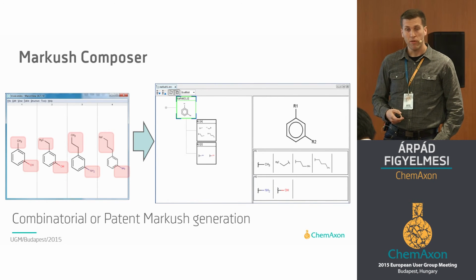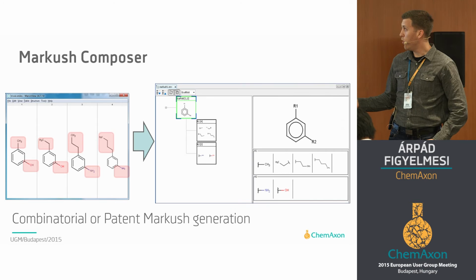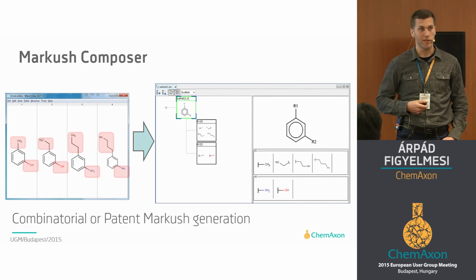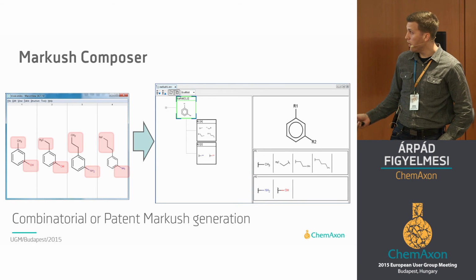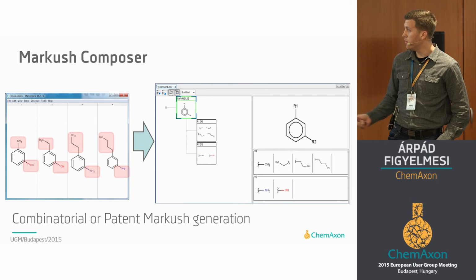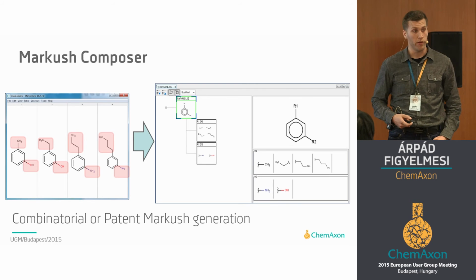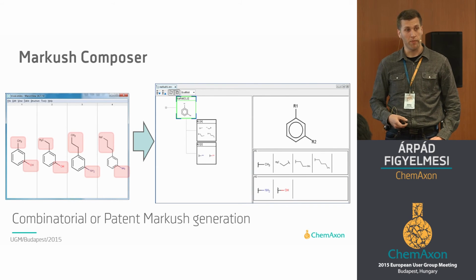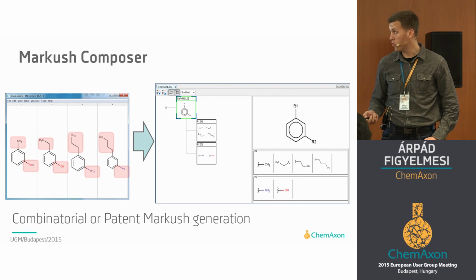The last thing I want to introduce to you is the newly developed Markush Composer. It's available in Markush Editor. You can try it at the demo station too. It's capable of generating a Markush structure based on a list of structures. Here is a trivial example, but you can do the same with hundreds or thousands of structures.